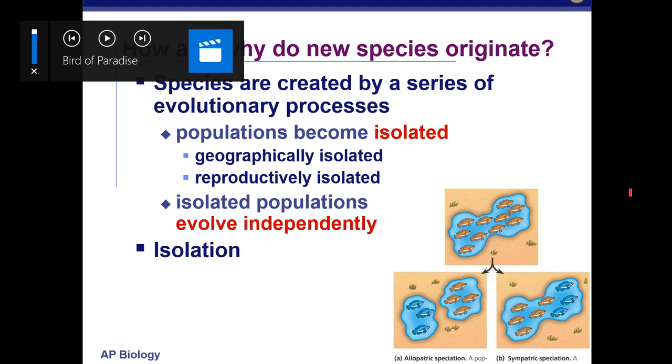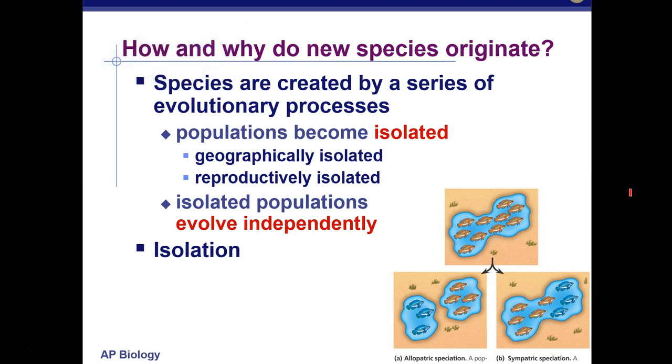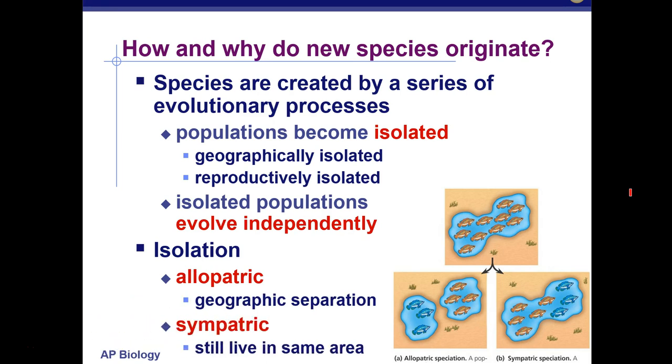So isolation is a great big cause of speciation because you're off doing your own thing. Now, isolation can be of 2 types, allopatric and sympatric. So allopatric, there is physically a barrier.